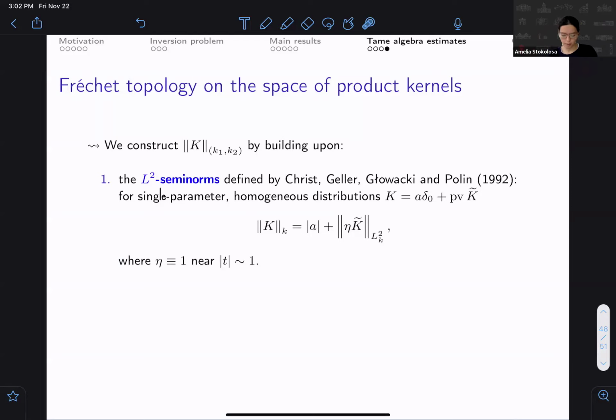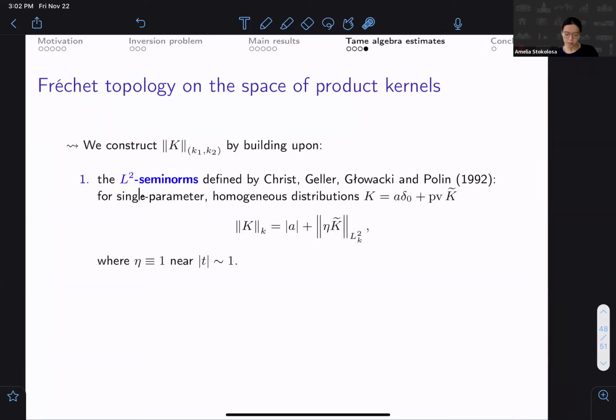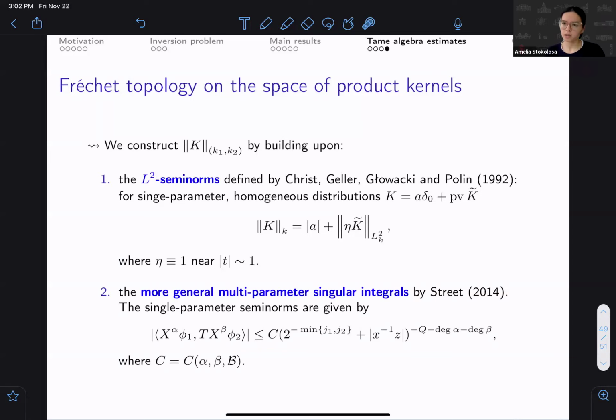The other construction I build upon is a multi-parameter construction by my advisor, where the idea is as follows, and I only included the single parameter seminorms here to keep things a little bit simpler.